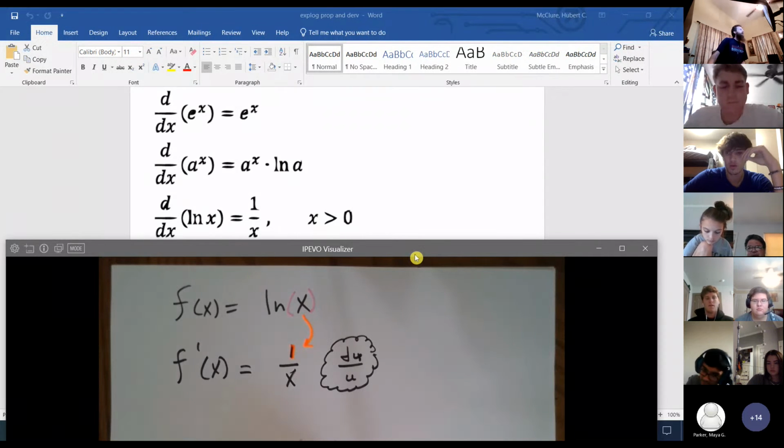I put parentheses around the 4x. The derivative of 4x is 4.